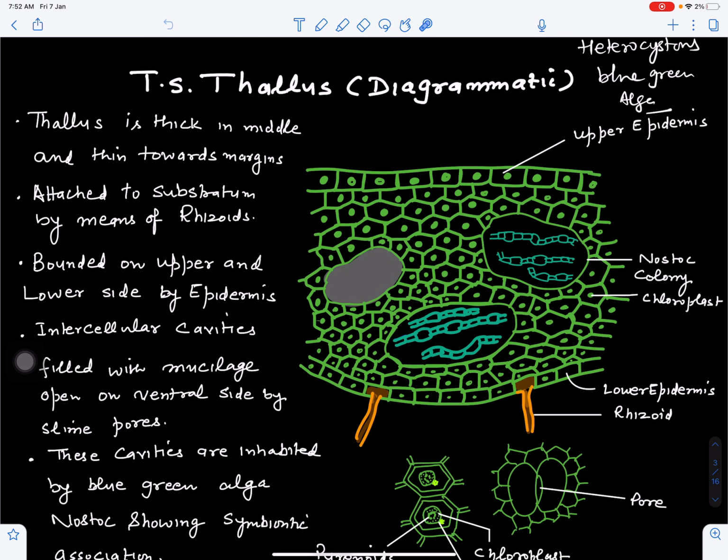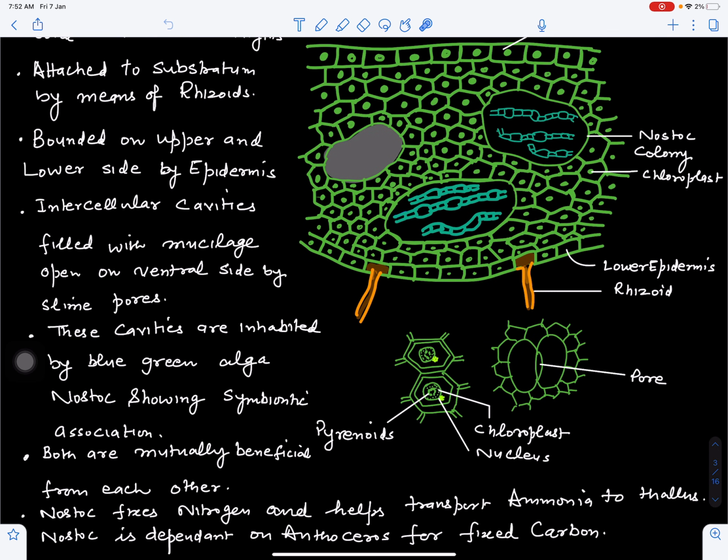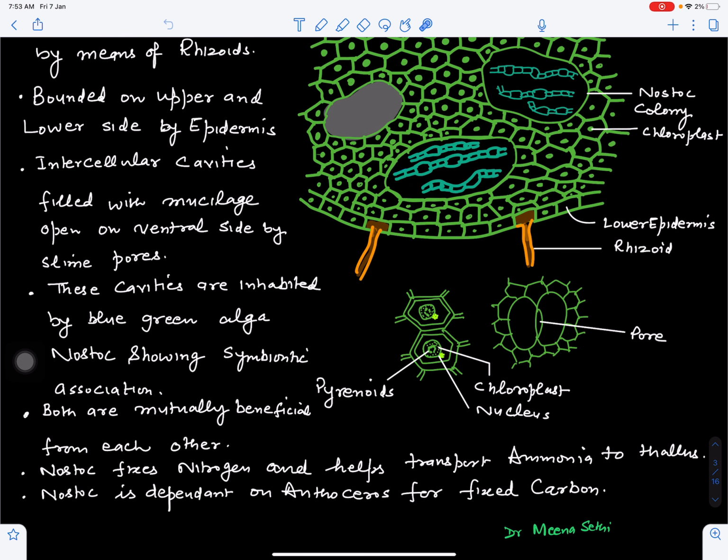Nostoc as well as Anthoceros show a mutually beneficial relationship, because Nostoc helps in fixation of nitrogen, and fixed nitrogen is converted to ammonium, and that is given to the Anthoceros thallus. In turn, Nostoc gets fixed carbon or nutrients from the Anthoceros thallus. So Nostoc is living with the Anthoceros, and Anthoceros is benefited from the Nostoc.